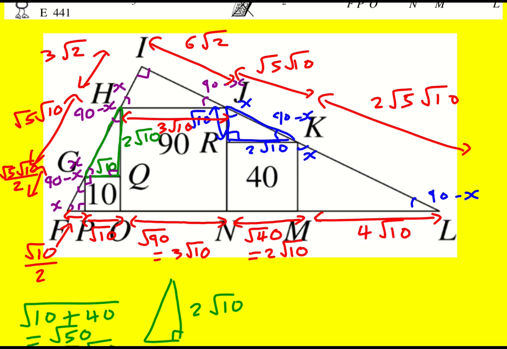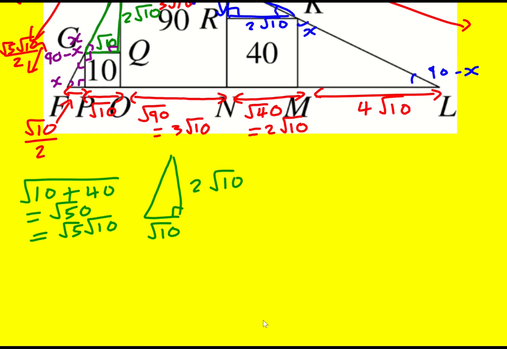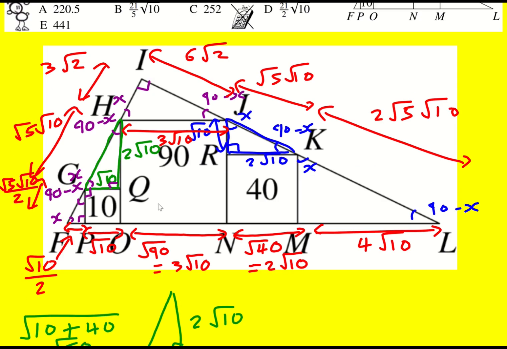Oh, that was a lot of hard work, but we're nearly there. And so the base, now when I say the base, I'm going to talk about this length here, okay? I don't know whether to add it on, yeah.